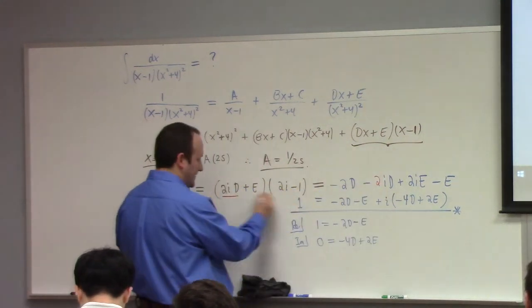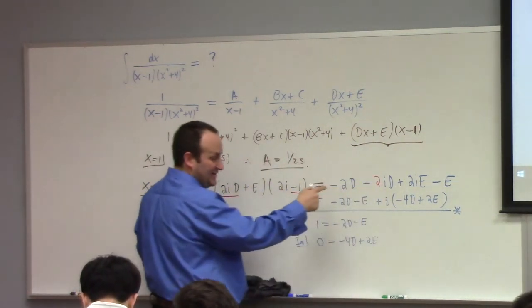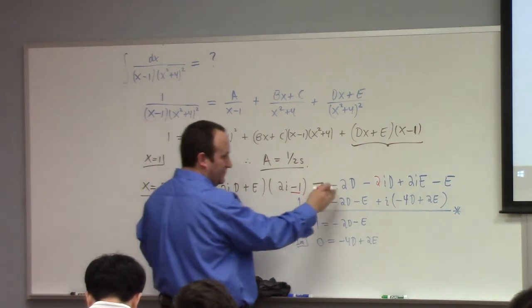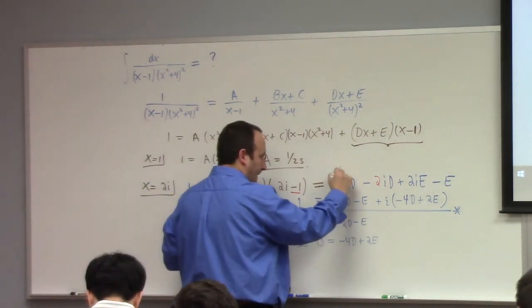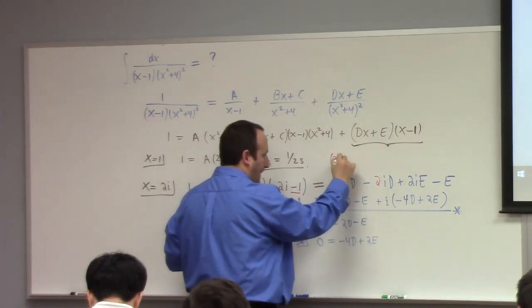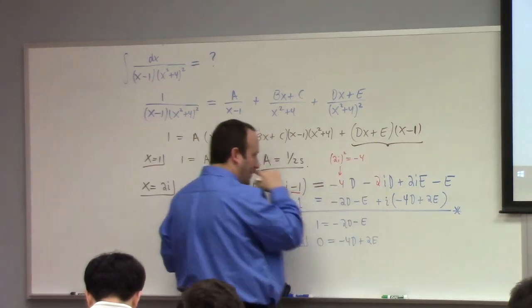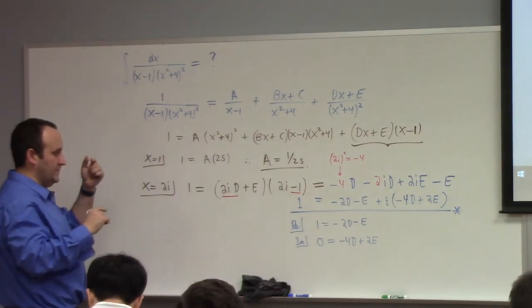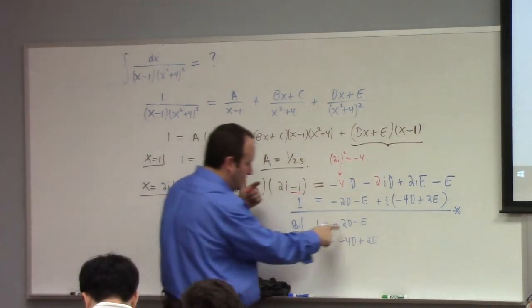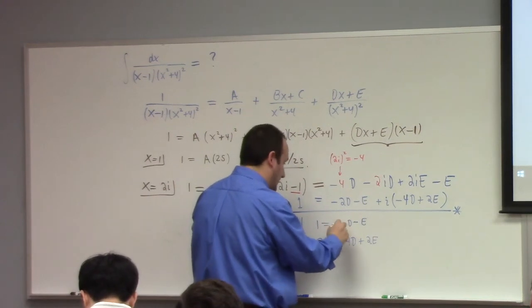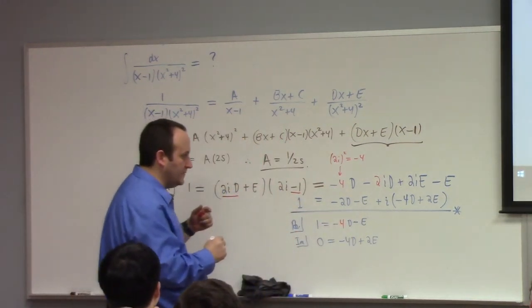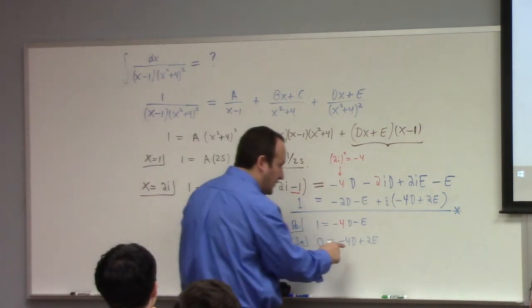That's this times that. This was supposed to be the 4i squared, which is minus 4. All right, sorry. Thank you for that. Minus 4 there. I'm putting the corrections in red, and the minus 2 here, right?